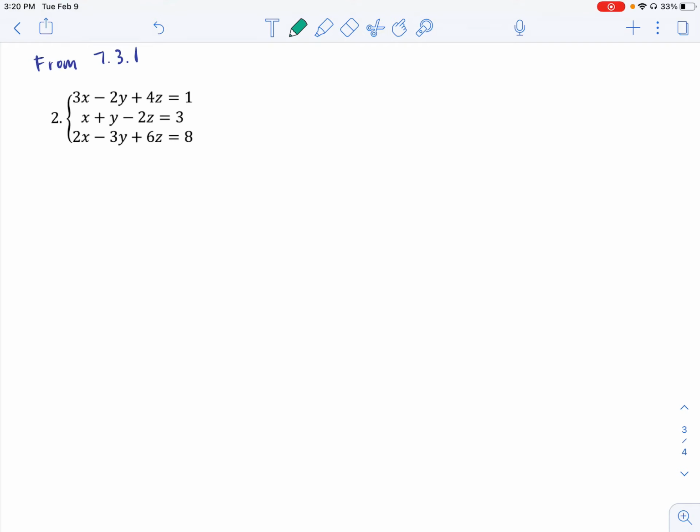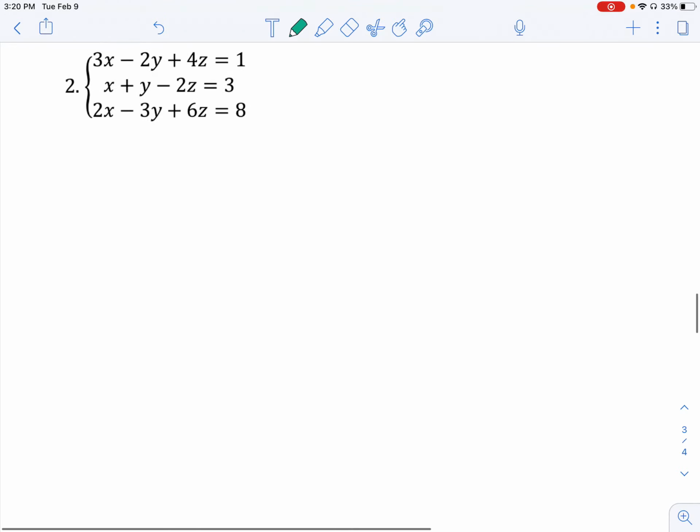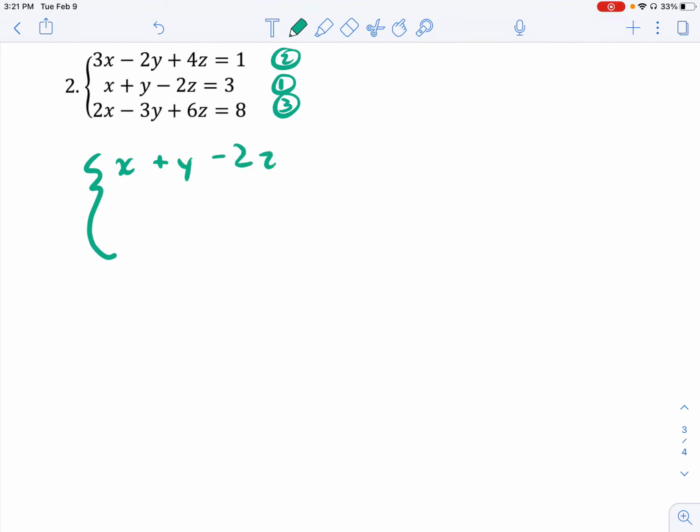So here, at first glance, we don't know whether or not it's a non-square system. So I'm going to have to do some row operations, which, by the way, I'm going to call this here my first row. I'll call this my second row and my third row. So I'm just going to label that as such. So I'm going to write down my second row from the first step, and I'm going to make that my new first row.